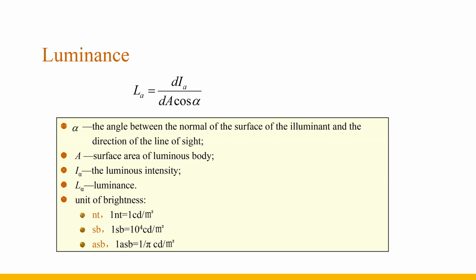Since the brightness of the surface of the object is not necessarily the same in all directions, the angle alpha is marked under the brightness symbol L, indicating the brightness in the direction of the angle alpha with the normal of the light source. The common unit of brightness is nit. Brightness is sometimes used as a larger unit. The symbol is sb. Another unit of brightness is apostilb.